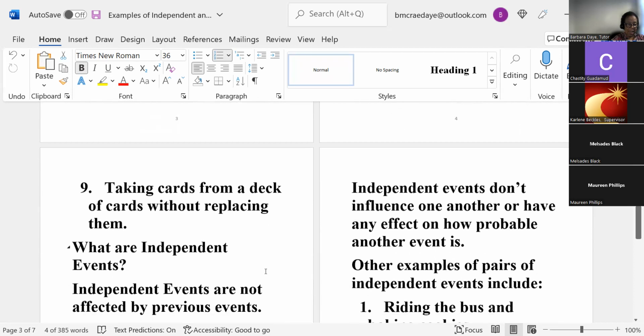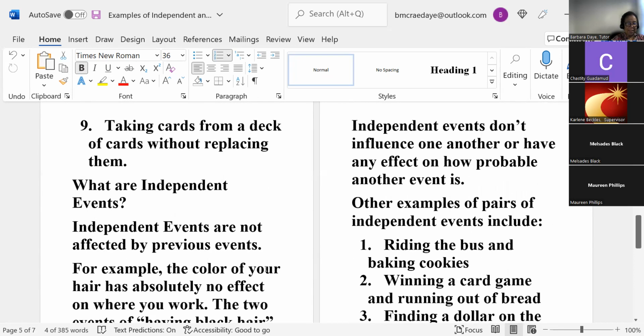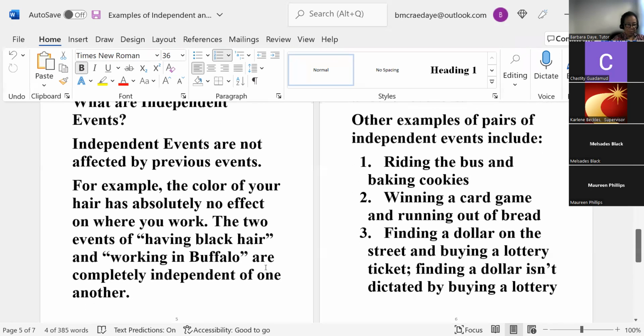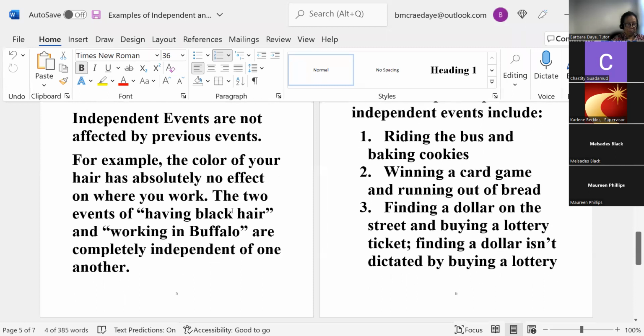Now let's look at independent events. They're not affected by anything that happened previously. Having black hair and working in Buffalo, completely independent, right? Because you work in Buffalo doesn't mean you have to have black hair.